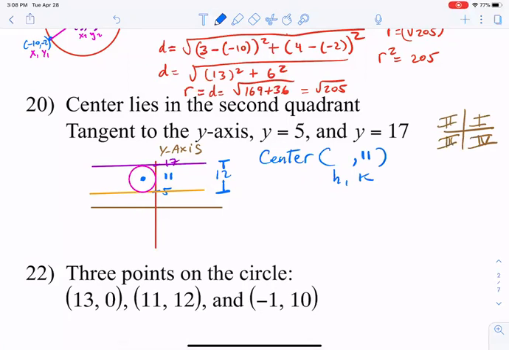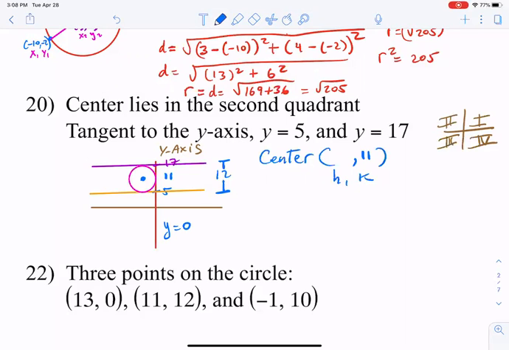And now I need to find out what the x component is. We know that the center is from 11 through 17 and from 11 to 5. So if you want to find the radius, this is pretty easy to tell.